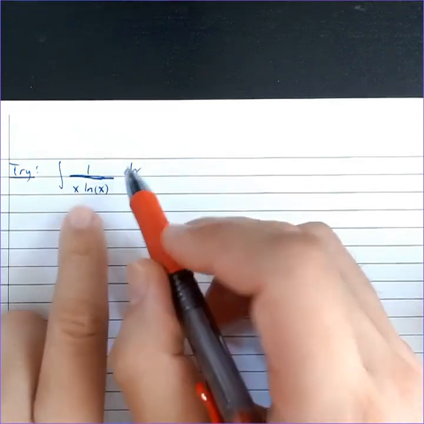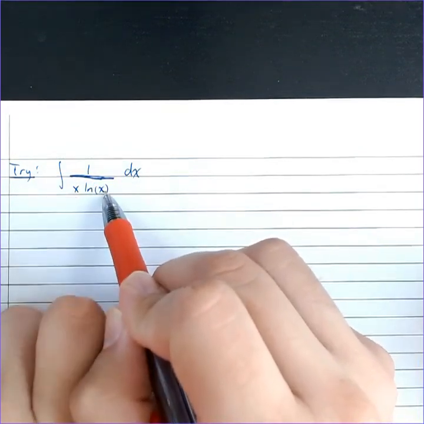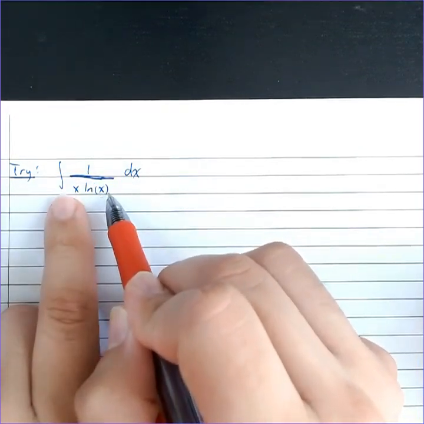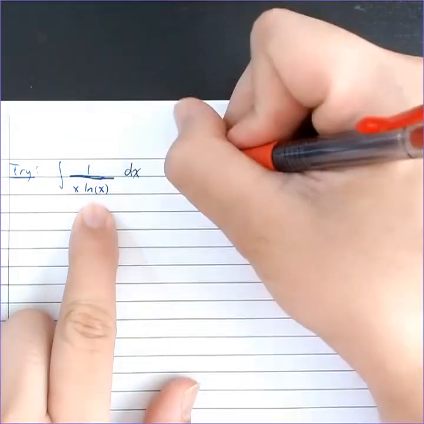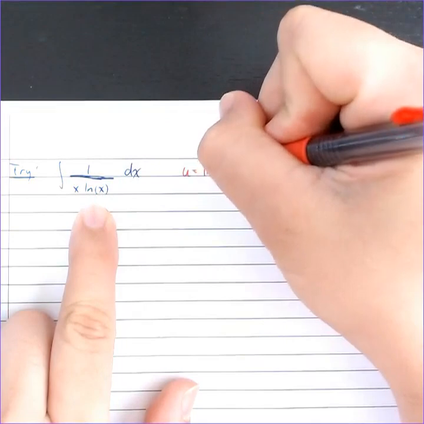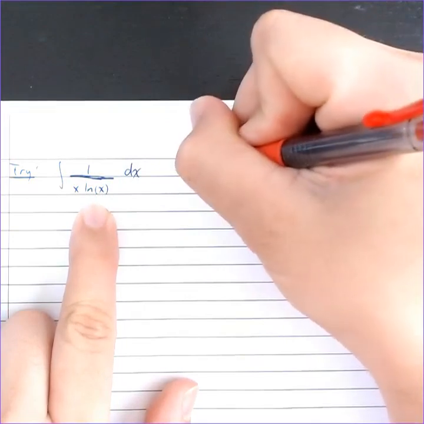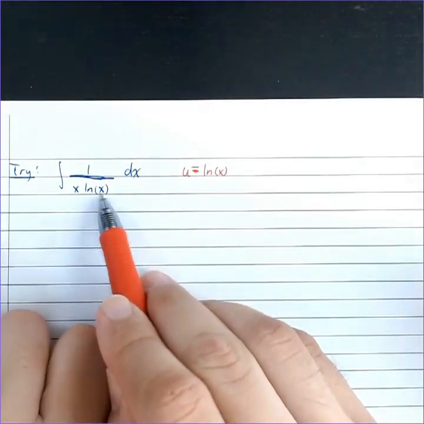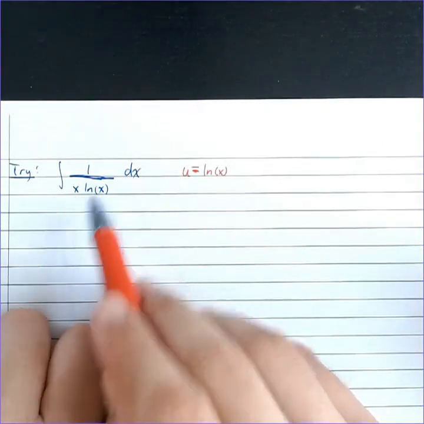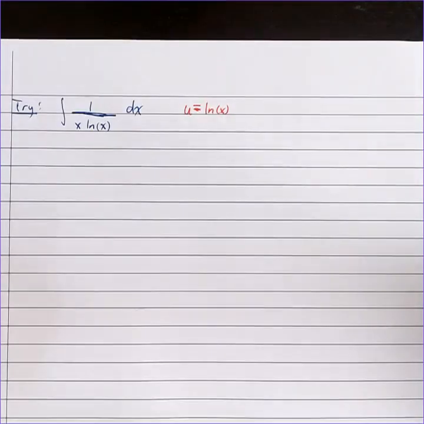So x is too small, x natural log of x is too big, so natural log of x seems like a good choice. Sort of by process of elimination. That's too small. That's too big. The whole thing is too big, so maybe just this part. All right, so let's give that a try.